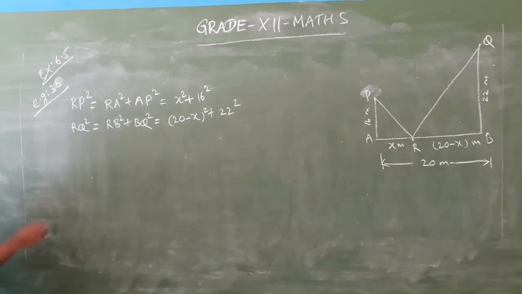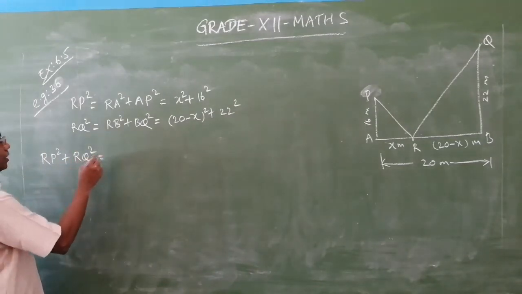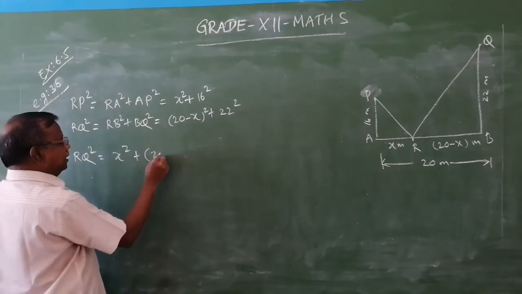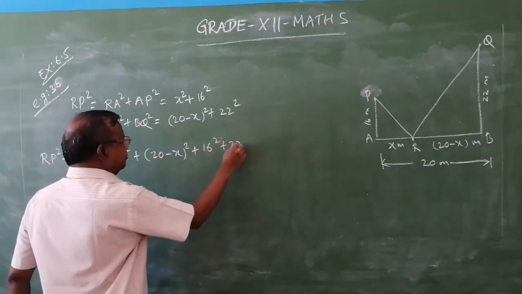Now adding, RP square plus RQ square equal to x square plus (20 minus x) the whole square plus 16 square plus 22 square.